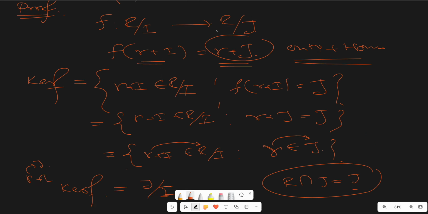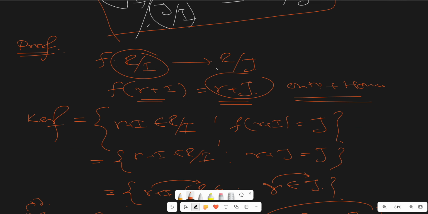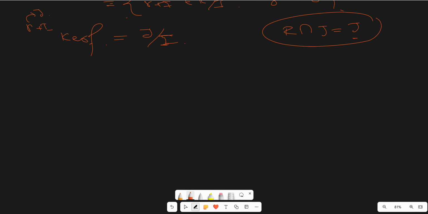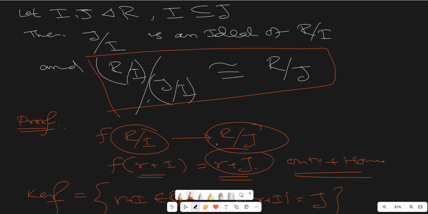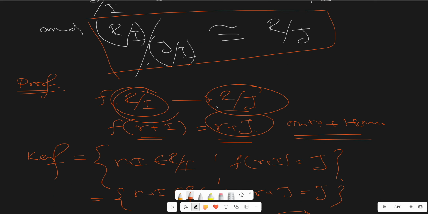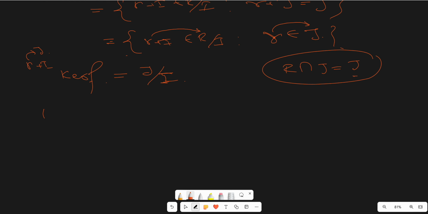So if you have the kernel, you have the map: R mod I by J mod I is isomorphic to R mod J, because this map is onto. So the proof is very easy. Was anything difficult here in the proof? So G mod kernel, no, sorry, R mod the kernel. I'm repeatedly using the first isomorphism theorem. R mod I quotiented by the kernel, which is J mod I, is isomorphic to the image.